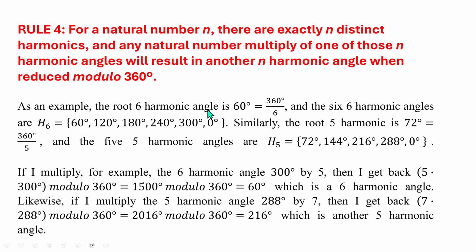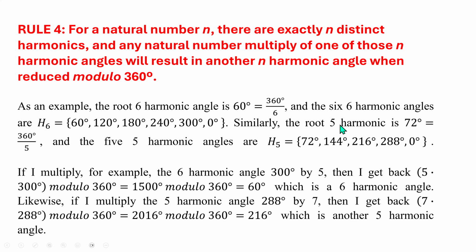Okay, as an example, the root 6 harmonic angle is 60 degrees. That's 360 degrees divided by 6. And the 6 harmonic angles are A sub 6 equal to 60 degrees, 120 degrees, 180 degrees, 240 degrees, 300 degrees, and then add 60 degrees to that, you get 360 degrees, which modulo 360 degrees is equal to 0 degrees.